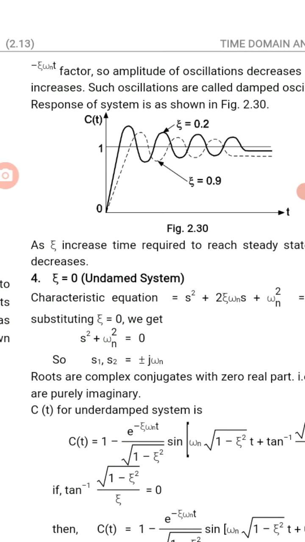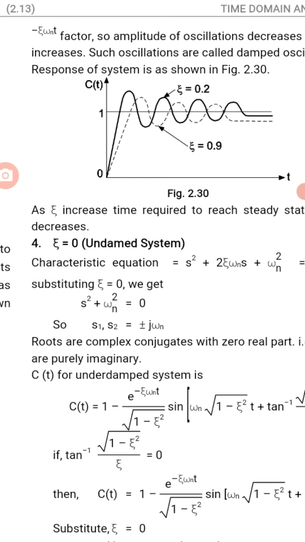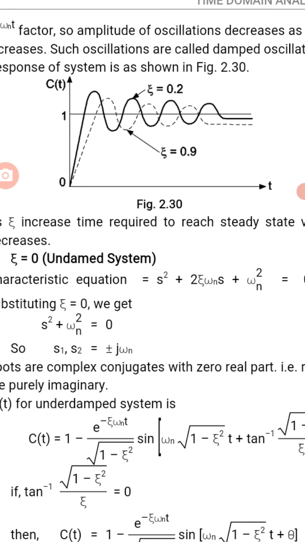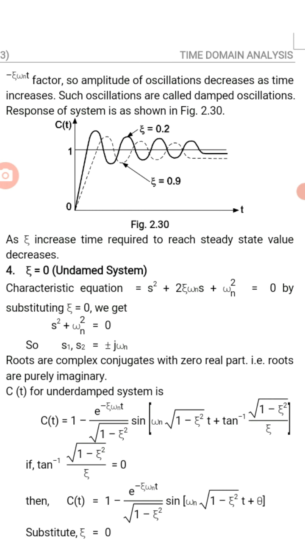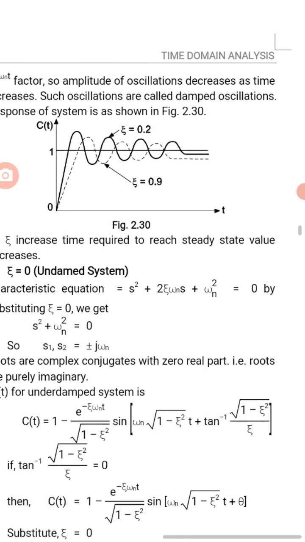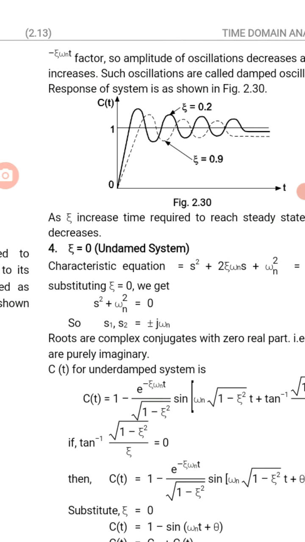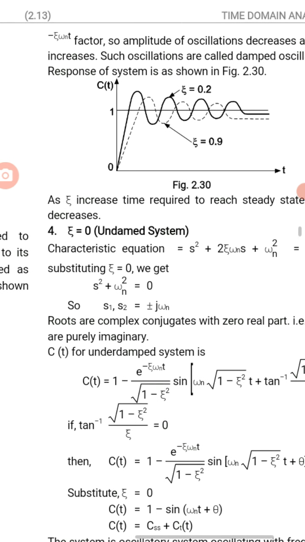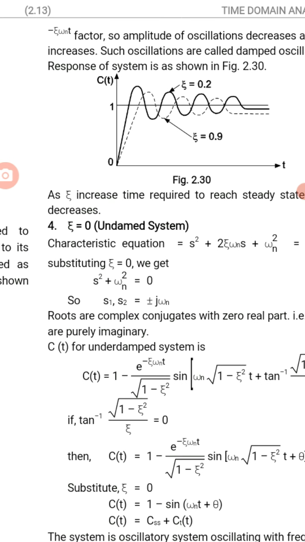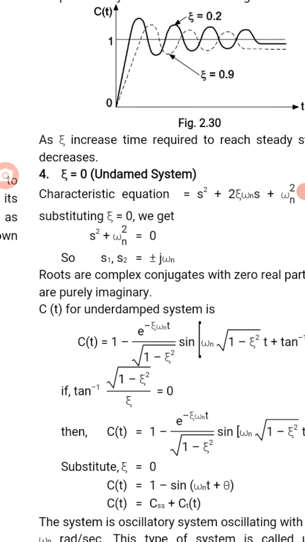If zeta is equal to 0, an undamped system will be there. The characteristic equation s square plus 2 zeta omega n s plus omega n square is equal to 0. By substituting zeta equal to 0, we get s square plus omega n square is equal to 0. So s1 and s2 are plus or minus j omega n.